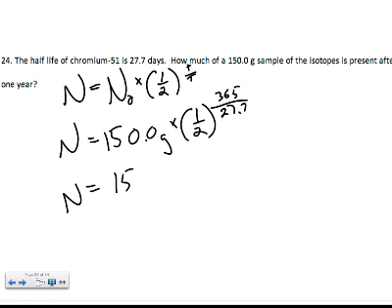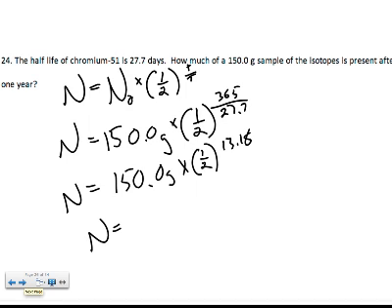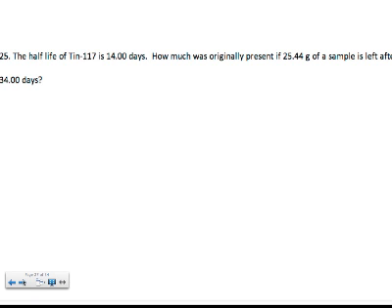So that means 150 times 1/2 to the power of 13.18, which comes out to 0.016 grams.